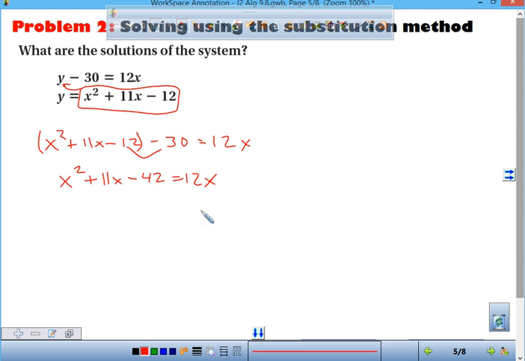The 11x and the 12x, but they're on opposite sides. You can subtract 11x, yes, and you can certainly also subtract 12x, but you're going to want to choose the one that makes this equal to 0. So which one would we do, subtract 11x or 12x? Subtract 12x.